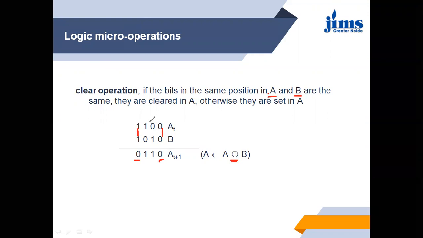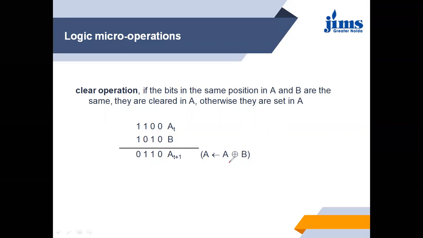Otherwise it's 1. In the case of XOR, we have seen earlier that when the input values are the same, the output is 0, and when the input values are different, the output is 1.